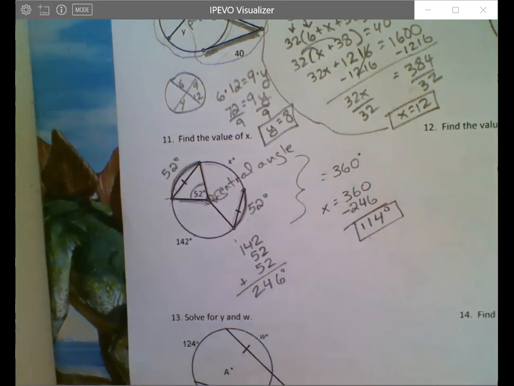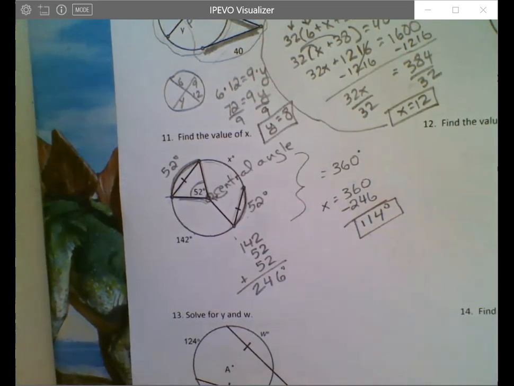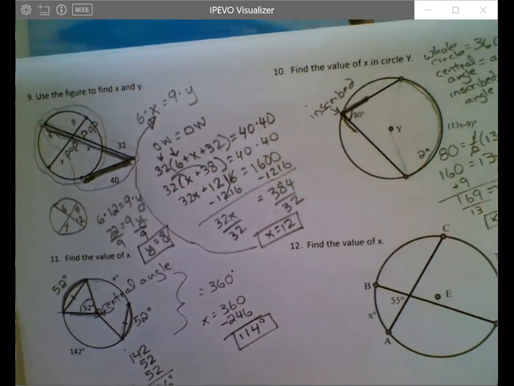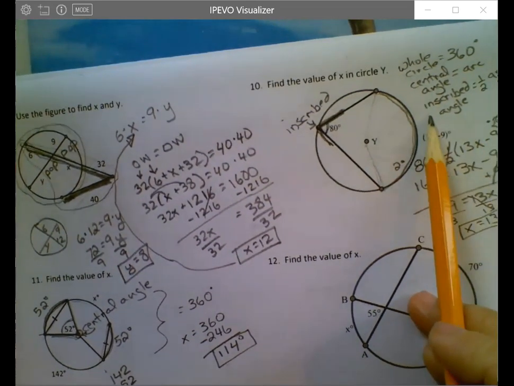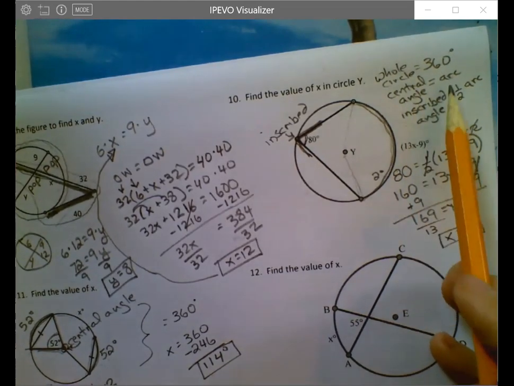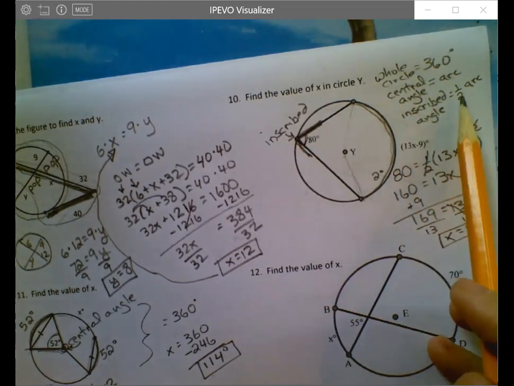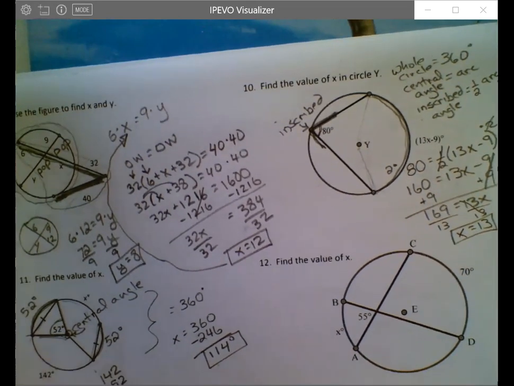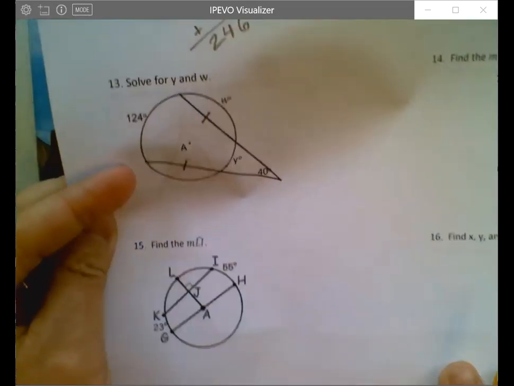All right. So the pictures are going to look different, but we've got these three basic ideas that we're just going to keep coming back to. Whole circle equals 360, central angles equal the arc, and inscribed angles equal half of the arc. Let's look down at 15 and 16.